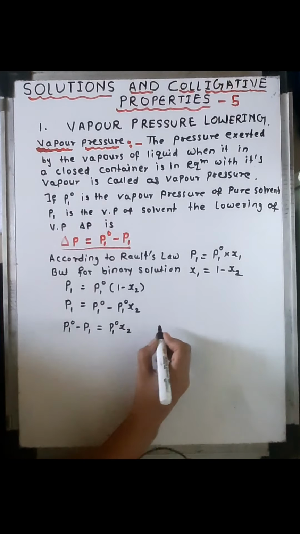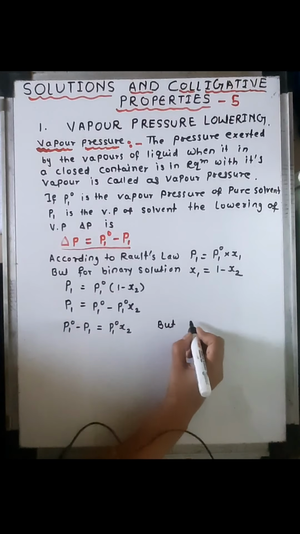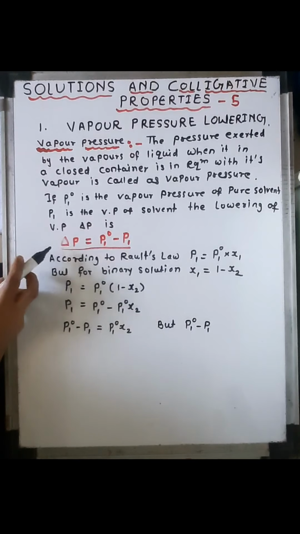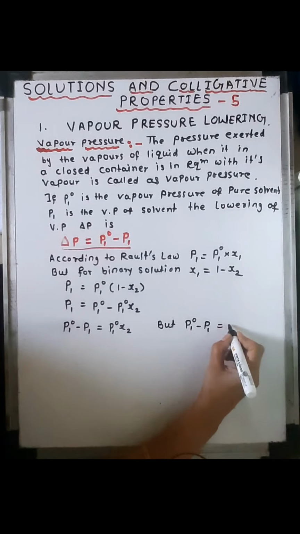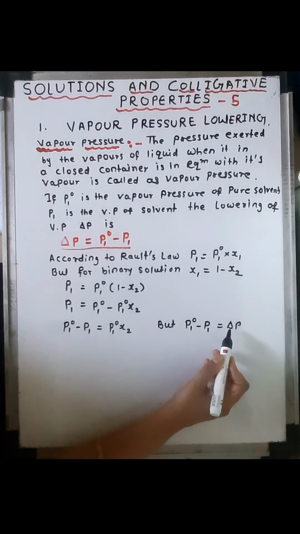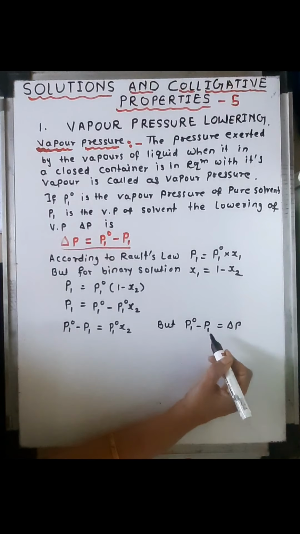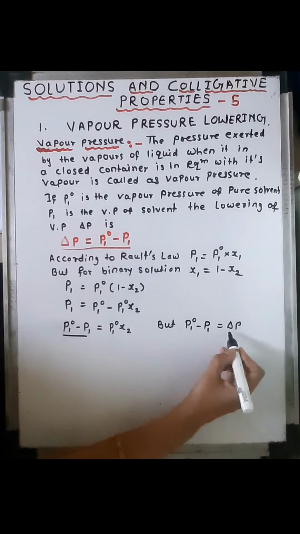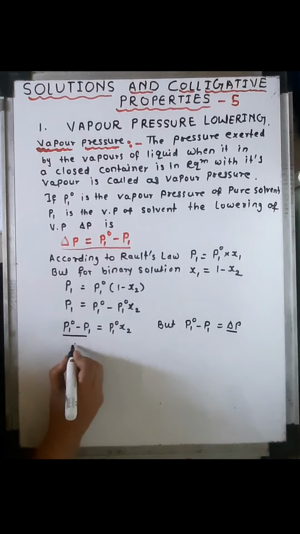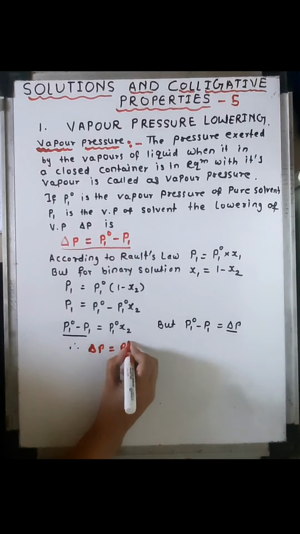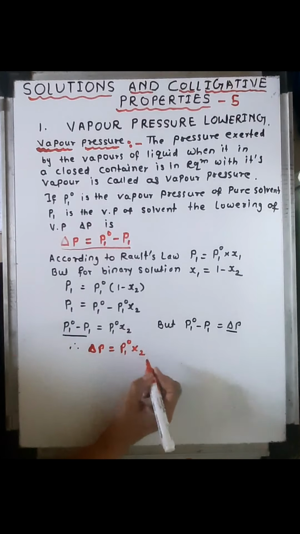But P1^0 minus P1, according to the definition, is delta P, the lowering of vapor pressure. Therefore, instead of this, we are using delta P, and therefore delta P equals P1^0 into X2.